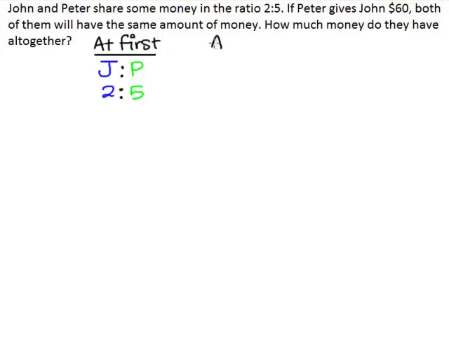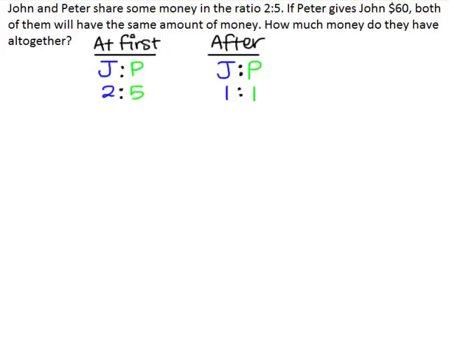And here we have the ratio for after. If Peter gives John $60, both of them will have the same amount of money. And when two people have the same amount of money, the ratio will be 1 to 1.